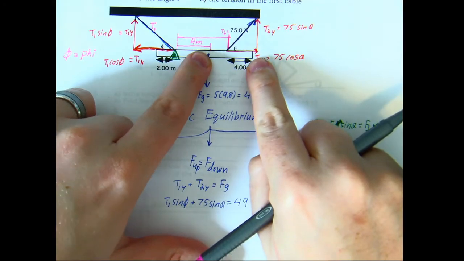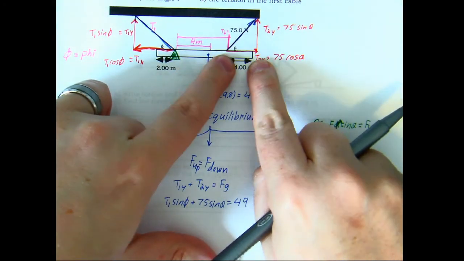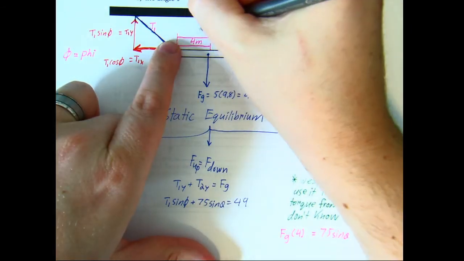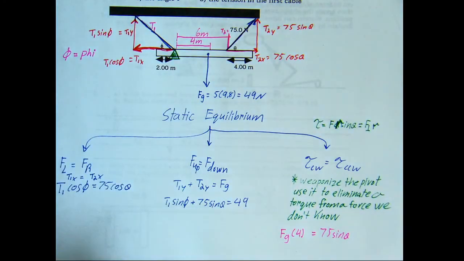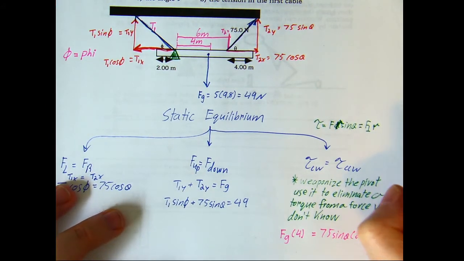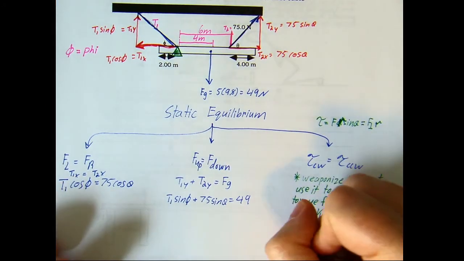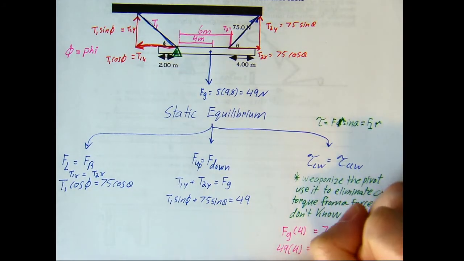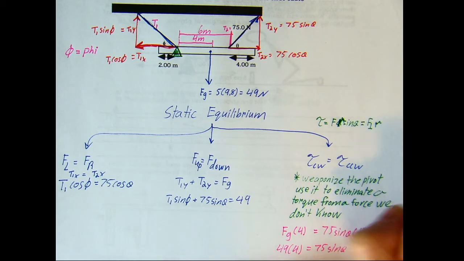This is 6 meters, so this is 4 meters, and we're told that this is 4 meters, which means that has to be 2 meters. If that's 2 meters, then this thing has to be 6 meters here. And I could have put Fg in there, I guess. So 49 times 4 is going to equal 75 sine theta times 6.